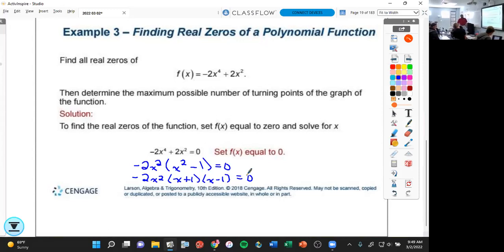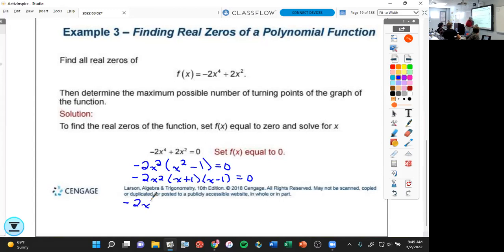Okay. So based on this, what do you see for the zeros? What are the real zeros? Remember, you set all factors to 0.